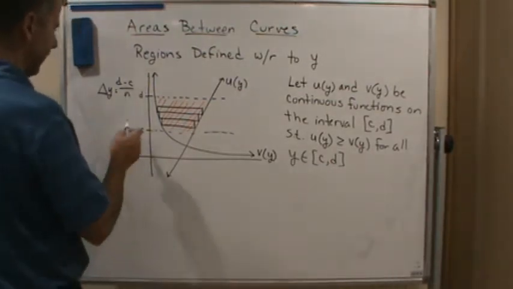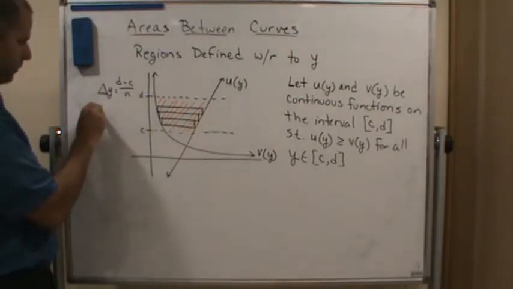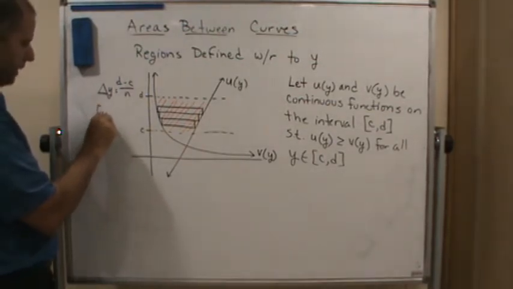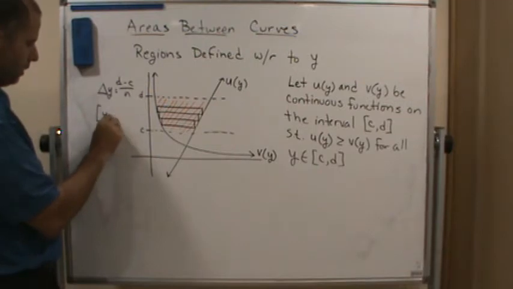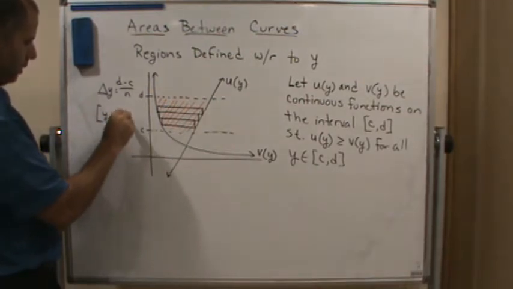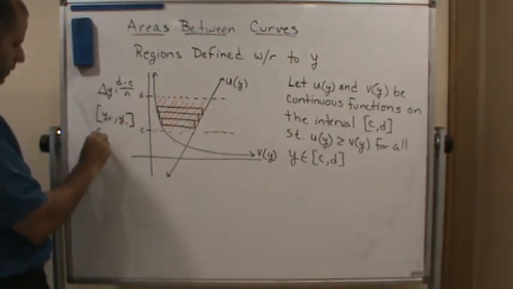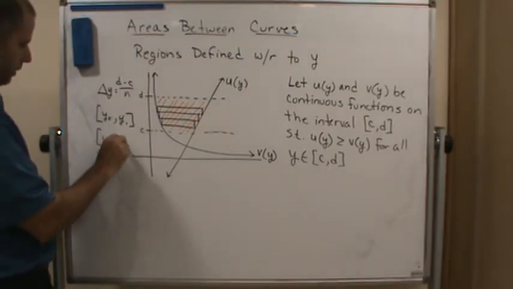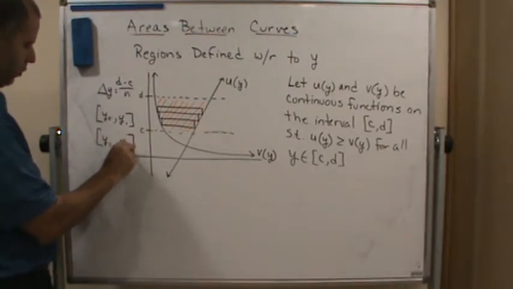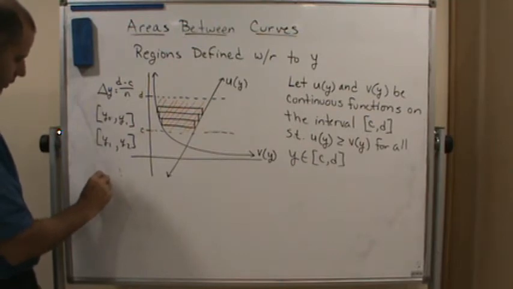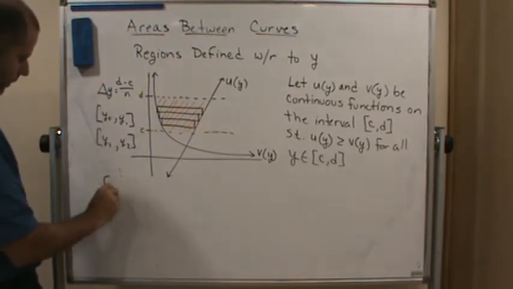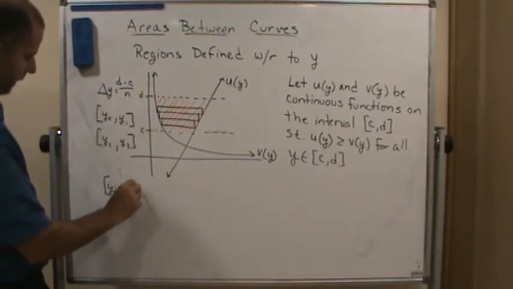And then, of course, within each subinterval, our subintervals are going to go from y0 to y1, y1 to y2, etc. And so it's going to go from y sub i minus 1 to y sub i.